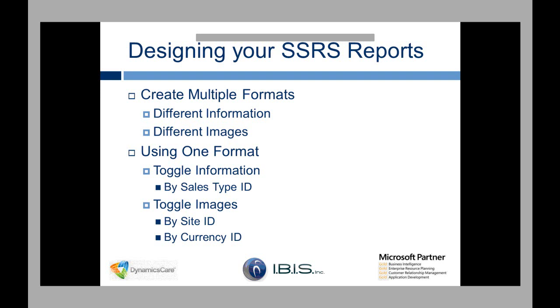Or if you operate two different companies within one GP database, you can actually just design it to use different images. So if you have, let's say, a customer class set up for one company and another class for the second company of customers, then you can just use different images across the top.